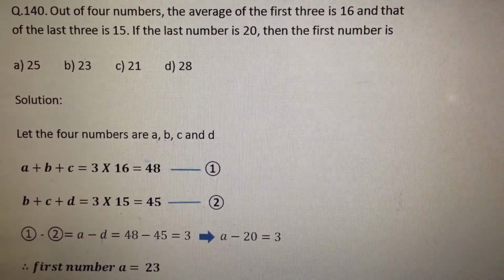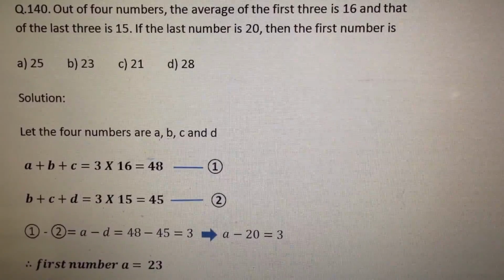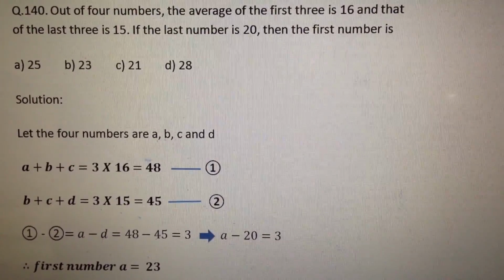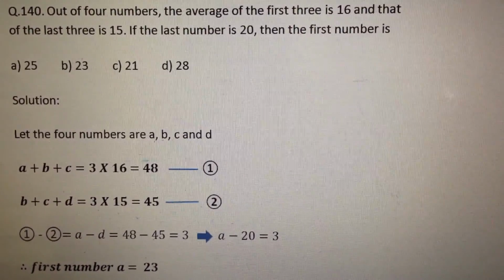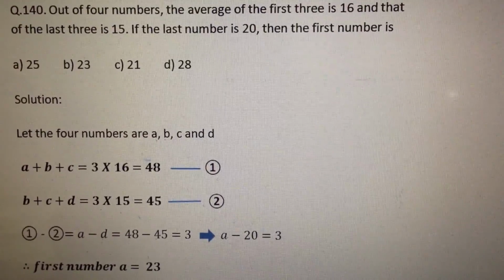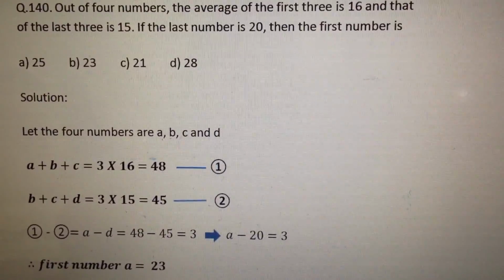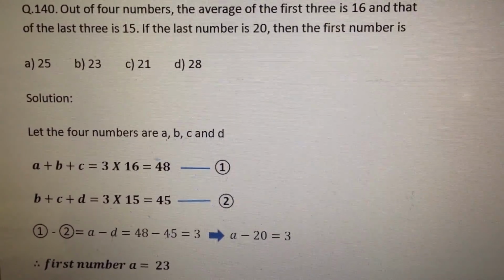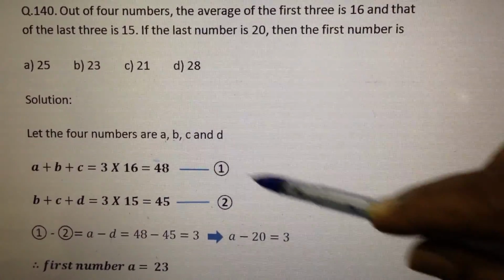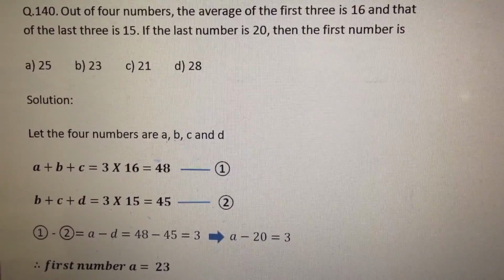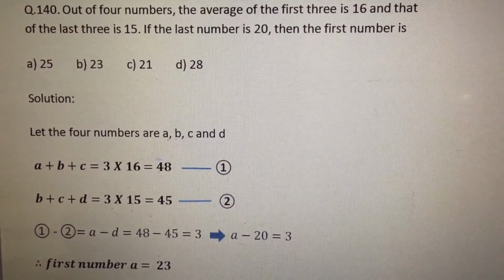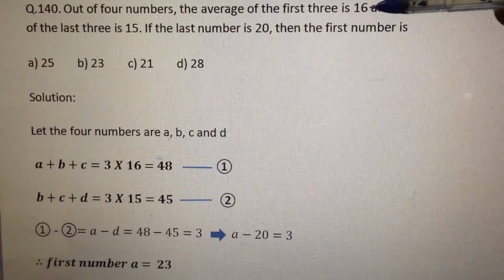Next question. Out of 4 numbers, the average of first 3 is 16 and that of last 3 is 15. If the last number is 20, then what is the first number? Let us assume the 4 numbers are A, B, C and D. It is given that the average of first 3 numbers is 16.